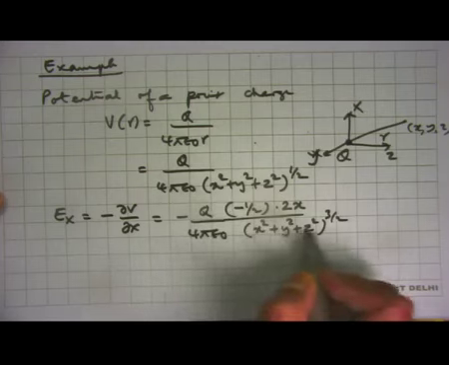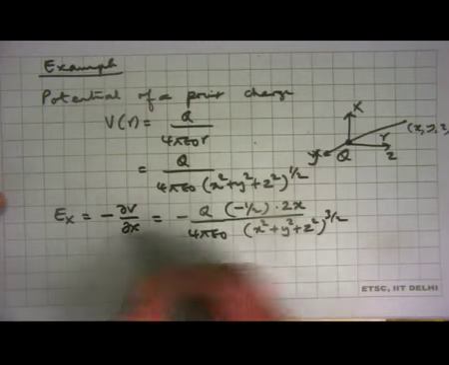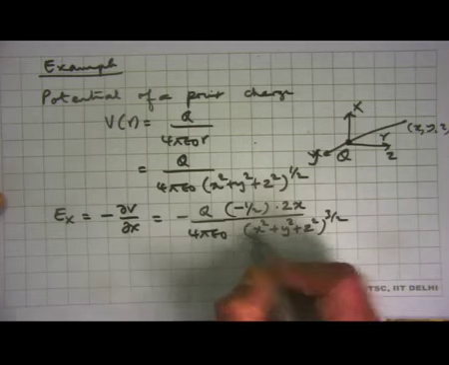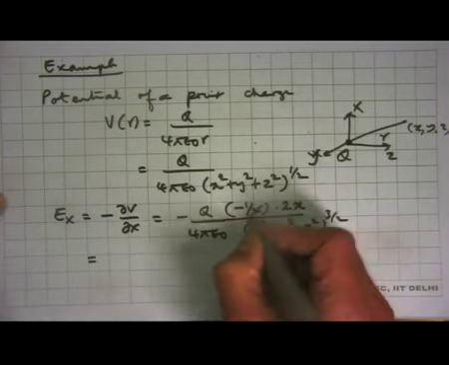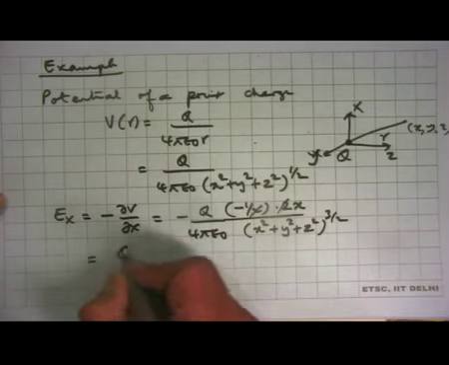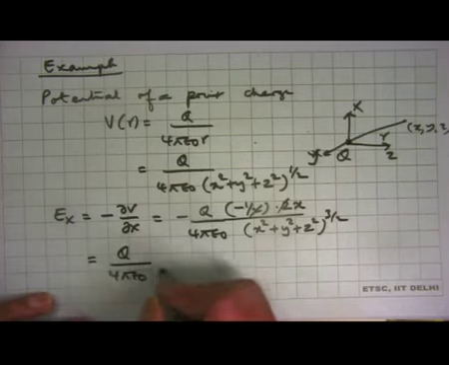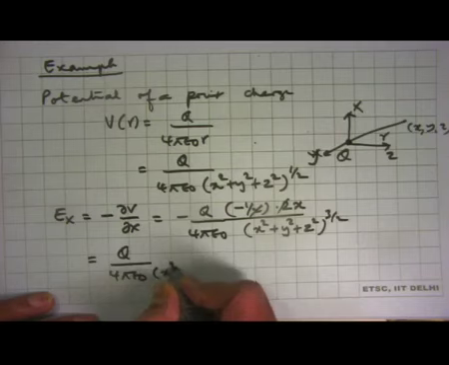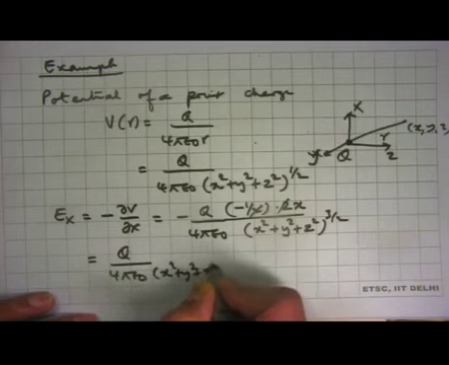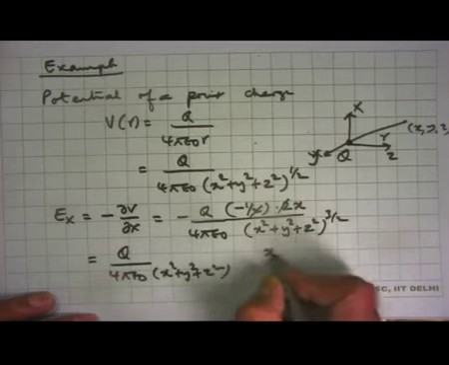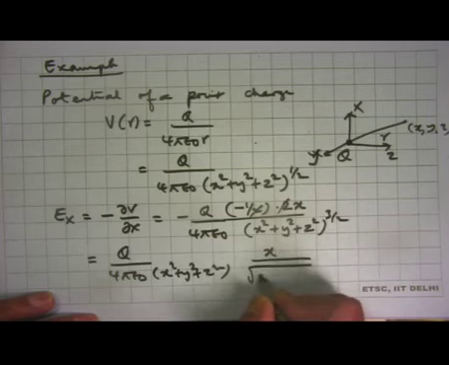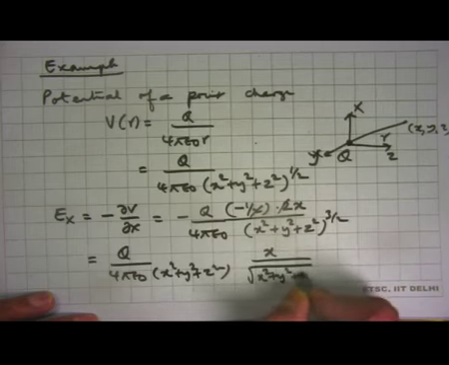The differential of x square plus y square plus z square with respect to x is 2 x, and the 2 factor goes off, and I get q by 4 pi epsilon 0, x square plus y square plus z square to the power minus 3 by 2, into x.